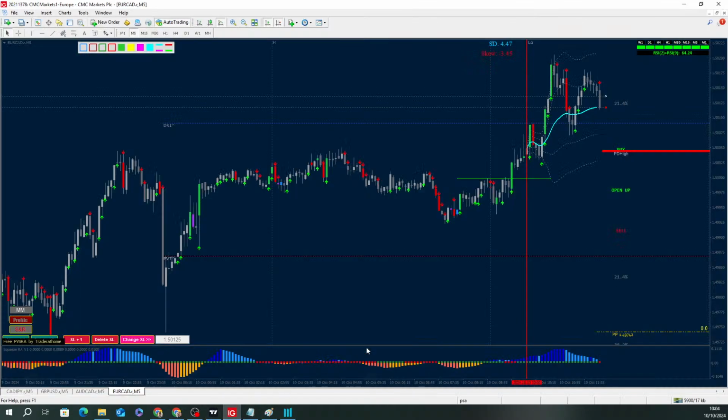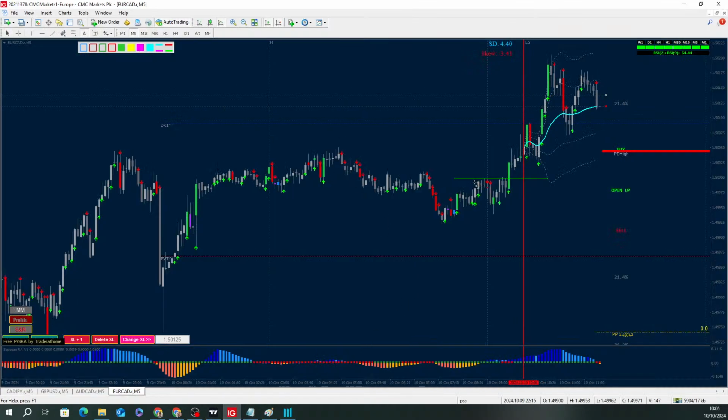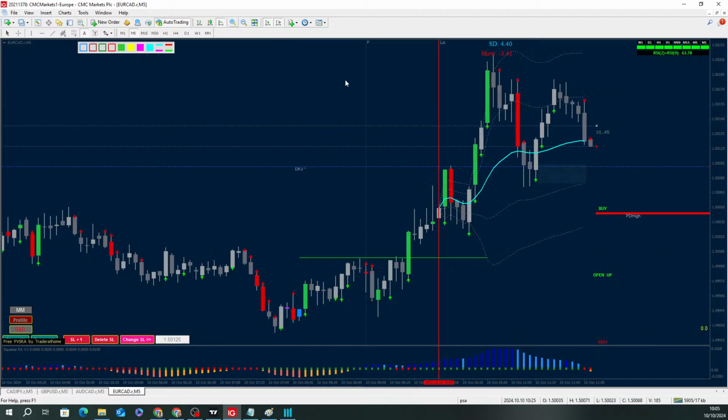So we go back here, let's count the rises. Did we have a pullback here? There's no pullback here, so that is the first rise there, and we are seeing an M pattern.